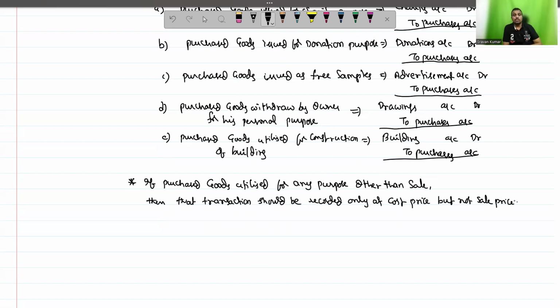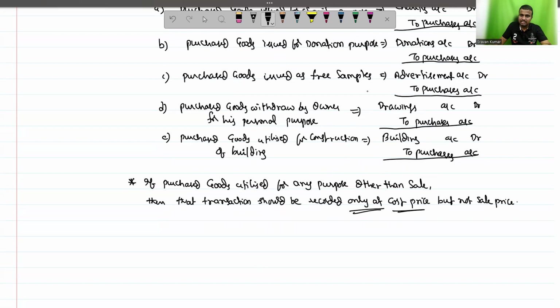The transaction should be recorded only at cost price, not at sale price, because we are not selling the product. Generally, there is a concept called conservatism. Profits cannot be recognized in the books of account unless they are realized. Without the sale of the product, how can we realize the profit?